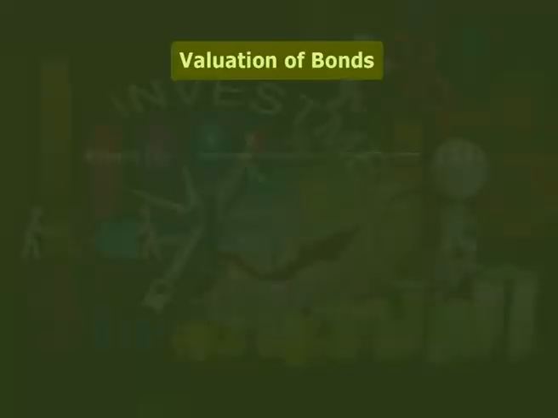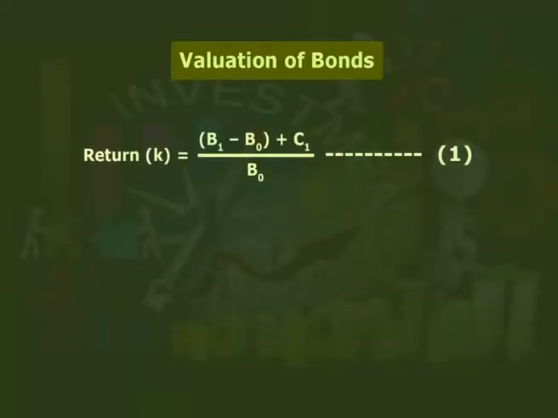Assuming that the bond could be sold after the end of 1 year from now at B1, we can calculate the return from the bond as Return = (B1 - B0 + C1) / B0, which is equation 1.